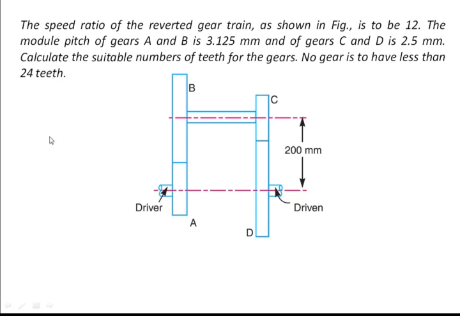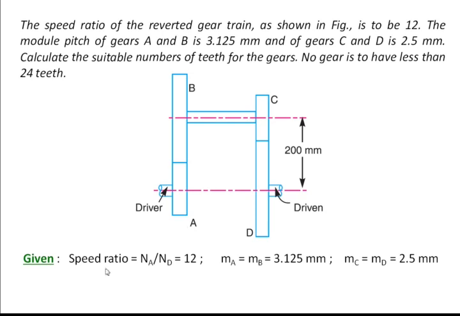So the given data is the speed ratio 12, then module for A and B 3.125, module for C and D 2.5, and the diagram is also provided as given data, and we have to find number of teeth on A, B, C and D to satisfy the given conditions.